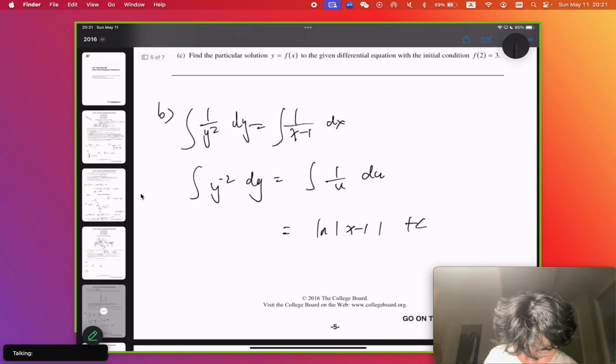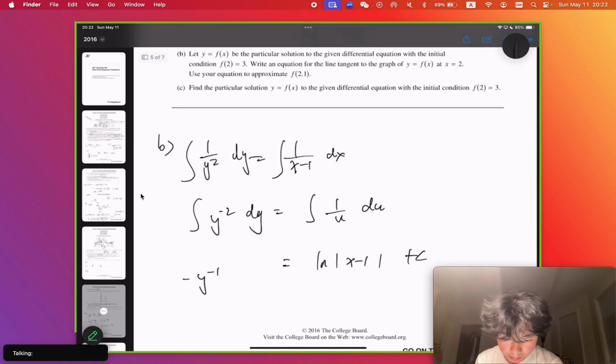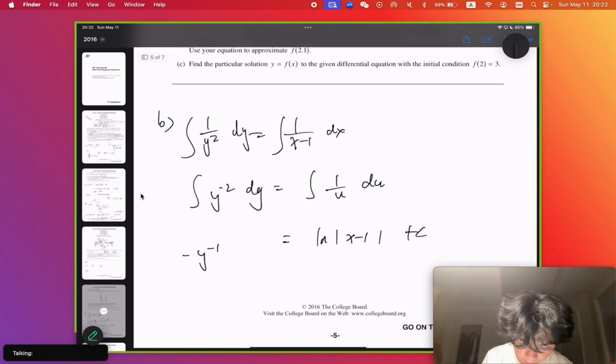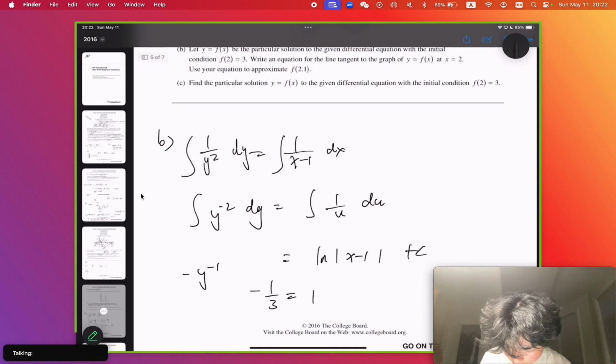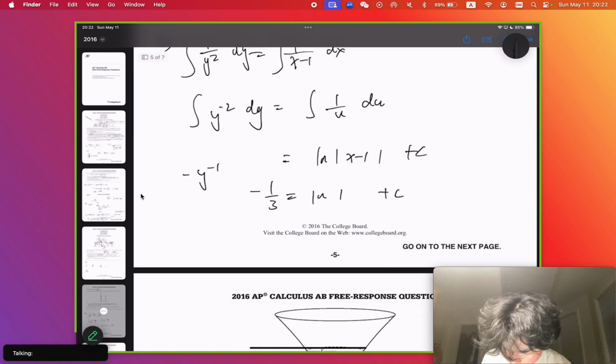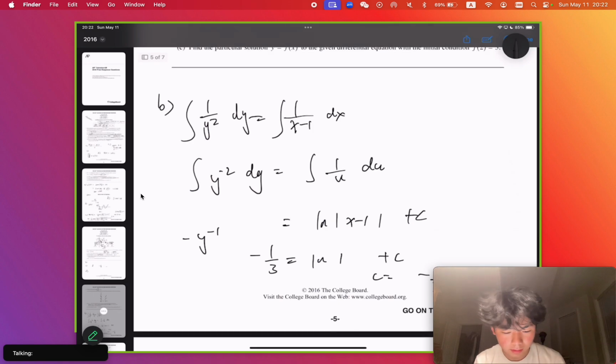And then for this, I get -y, right? If I did math right, yeah, I did. Okay, so when x is 3, this is -1 over 3 equals ln of 1 plus c. ln of 1 is 0, so c equals -1 over 3, and hence, oh, this is not the right way.